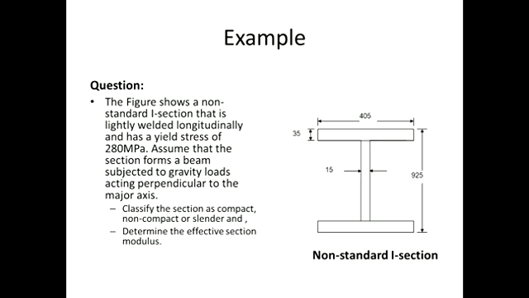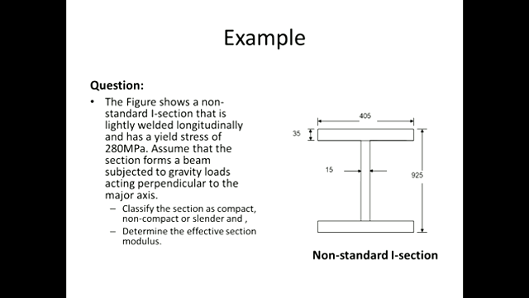And if we have this member, for example, subjected to wind loading, then in the case of gravity loads we have bending about the major axis, and if we were looking at wind load, then this might be bending about the minor axis, and so we'll have different stress within the flanges, for example.